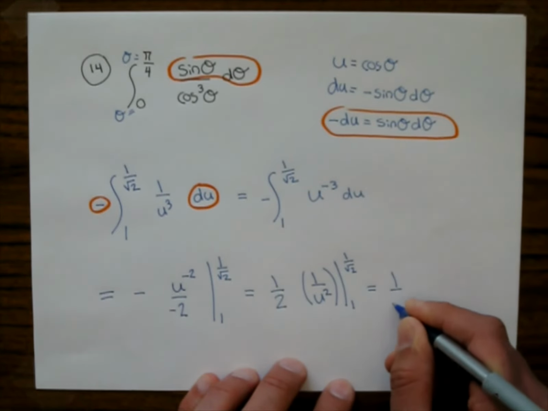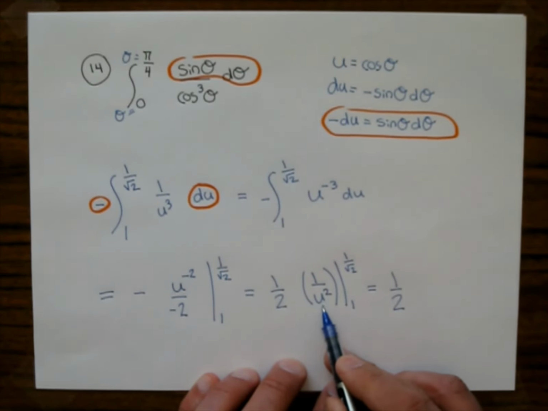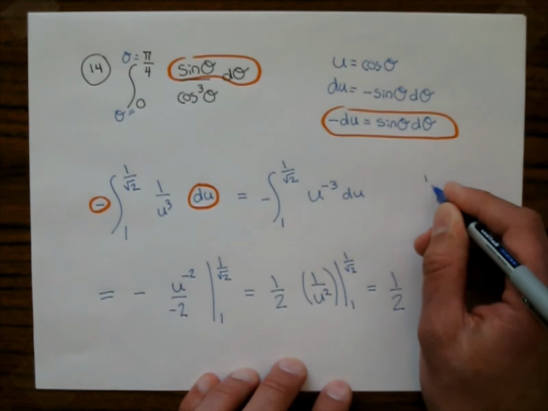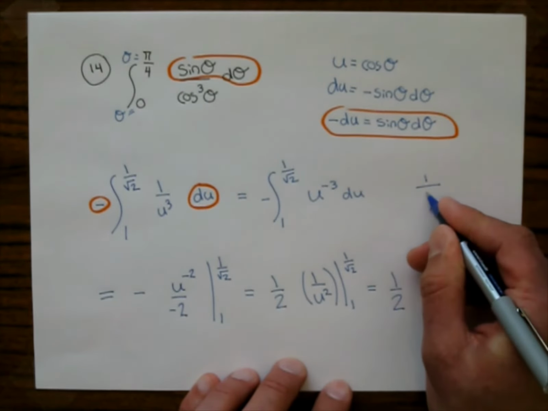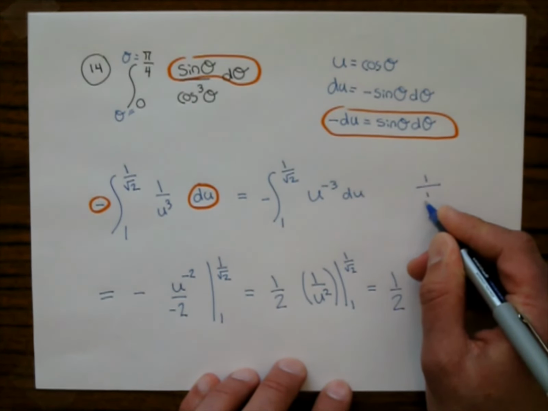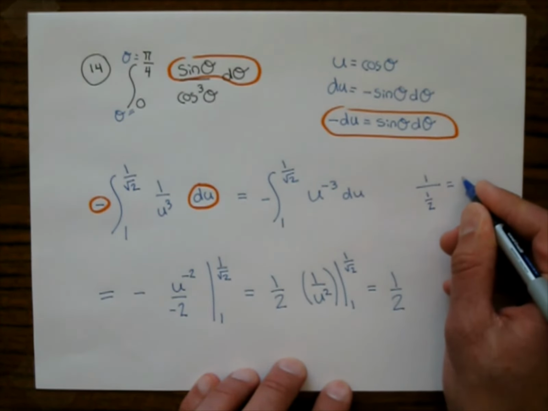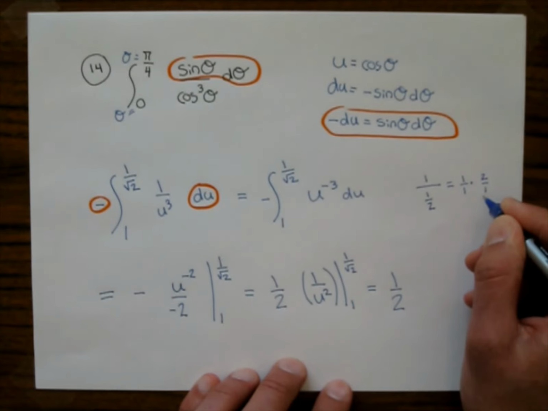Okay, so this is 1/2. I'm going to put 1 over root 2 into here. And when I do, this is going to be 1 over, and then this is squared, so it's going to be 1 over 2. I'm going to copy dot flip. This is going to be 1 over 1 times 2 over 1.